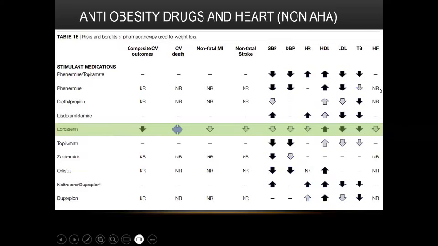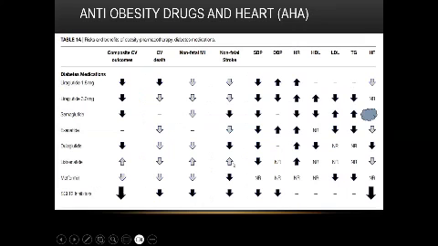We can see no other anti-obesity drug has got a cardiovascular benefit. And of course, you can see that in the majority of your anti-obesity drugs, your heart rate is going to be significantly increased. That is a very important problem because this is going to increase your cardiac oxygen demand.